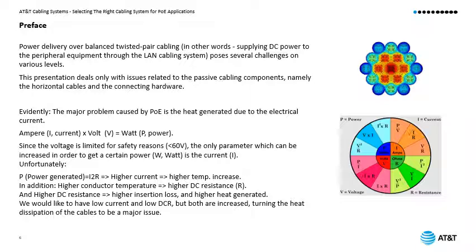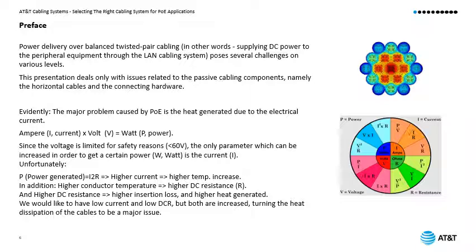Unfortunately, at the same time, if we go back to Ohm's law, the power generated, it is I square multiplied by resistance. So the higher current, that means the higher power generated by the conductors or the higher heat at temperature.